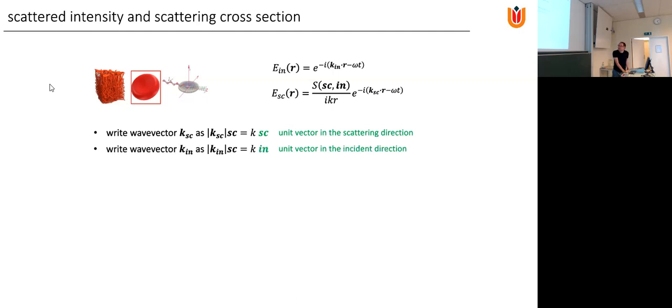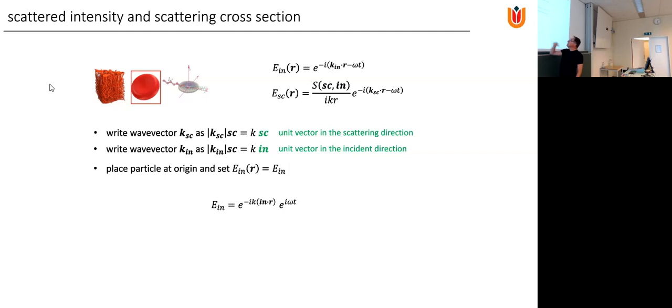So that is for both the unit vectors in the incident and the scattering direction. We place the particle at the origin of a coordinate system. We're just going to set the incident field at that position to E_in, without any r dependence anymore.